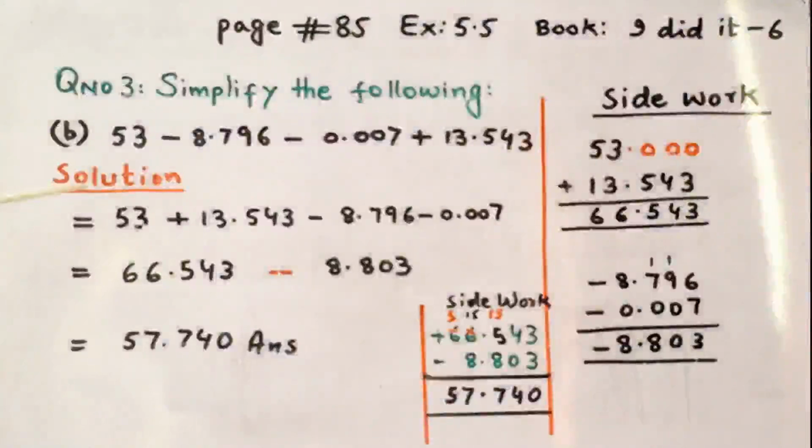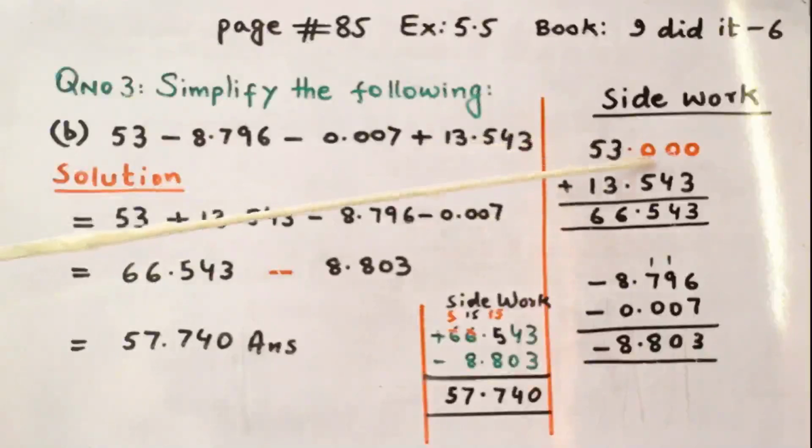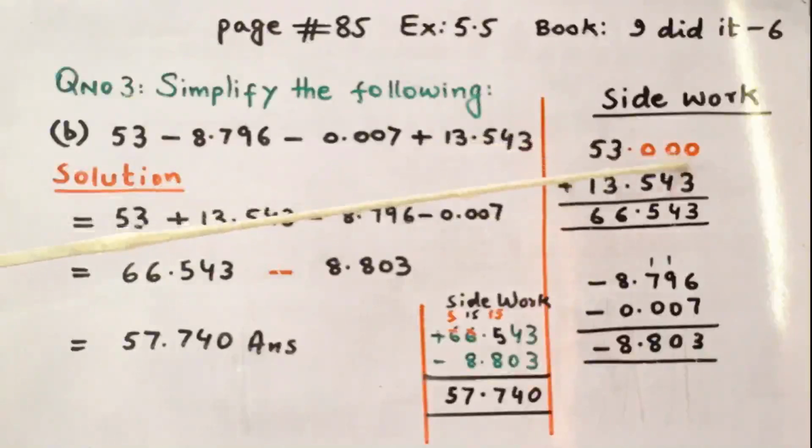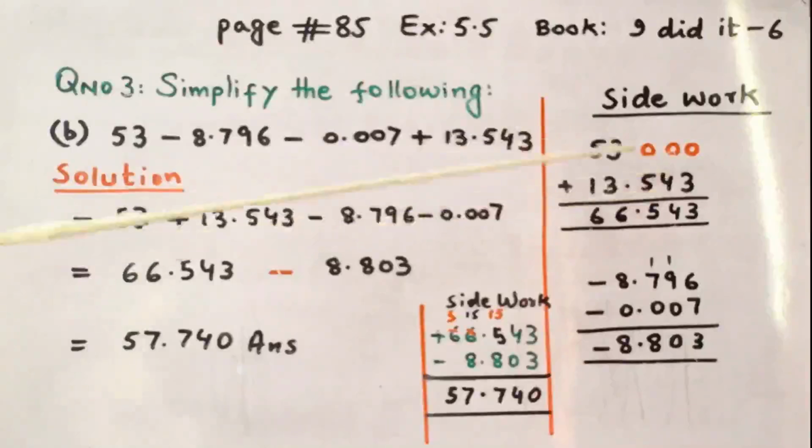Simplify the following. First of all, you have to write these numbers as per the DMAS rule. First addition, then subtraction. 53 plus 13.543. Add these numbers in the side work. Write 53, then put decimal and extra 0 here because these places are empty. 13.543.